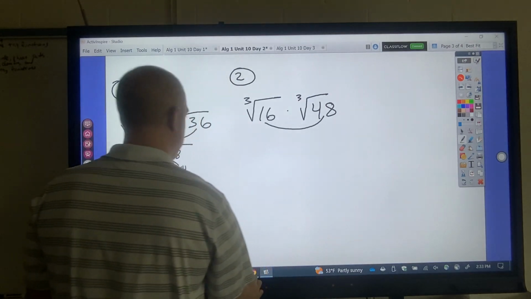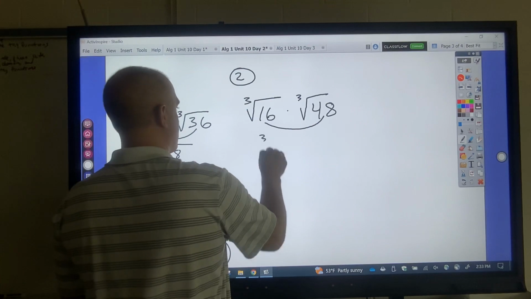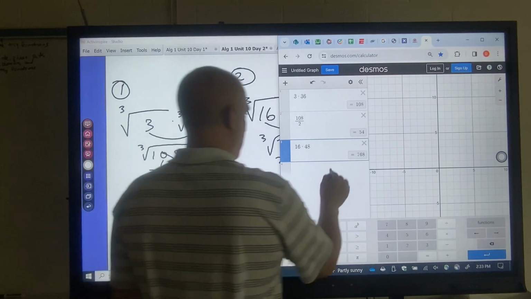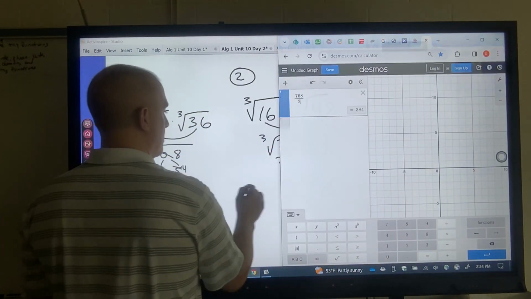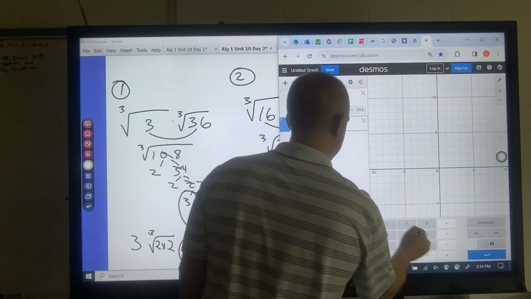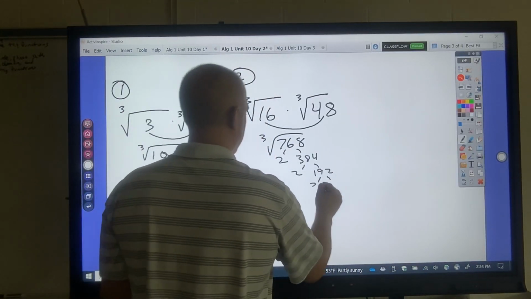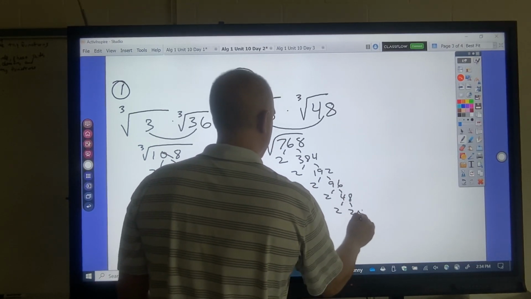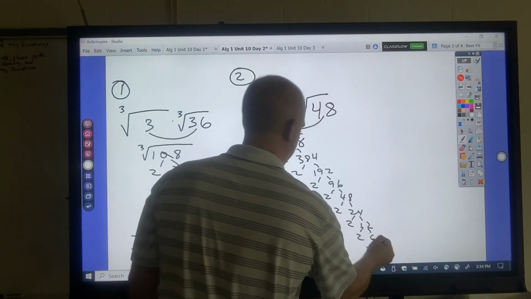Same thing, you go ahead and multiply. 16 times 48, that's 768. 768 divided by 2 would be 2 and 384. If you divide 384 by 2, 2 and 192. I got 2 and 96, 2 and 48, 2 and 24, 2 and 12, 2 and 6, lots of 2s, 2s and 3s.